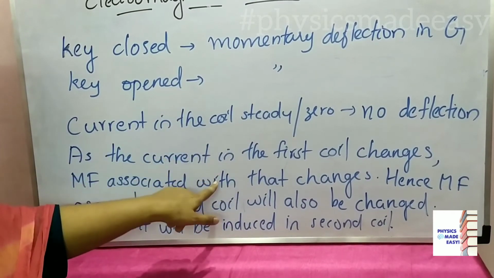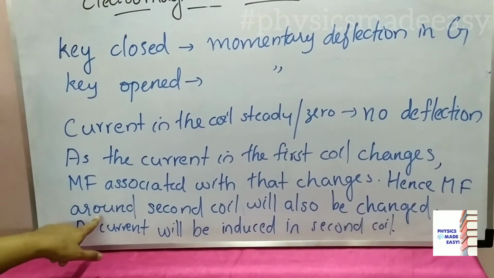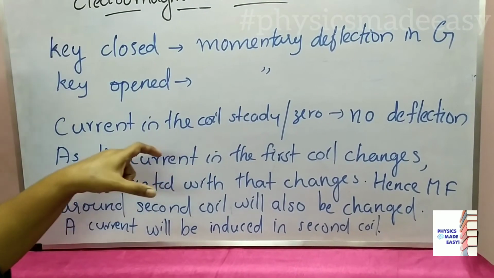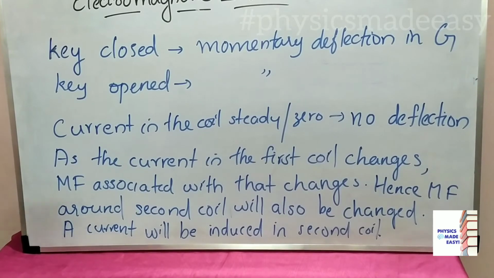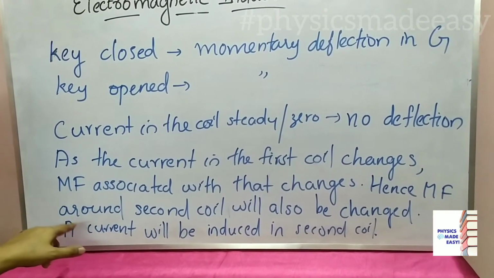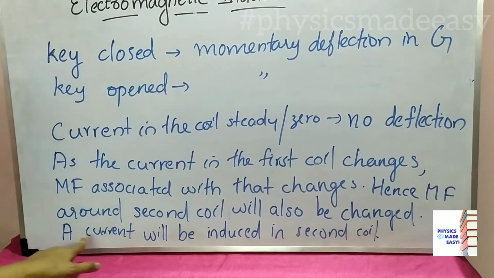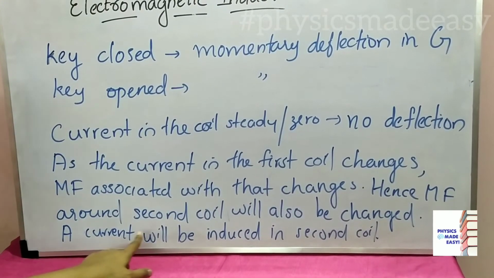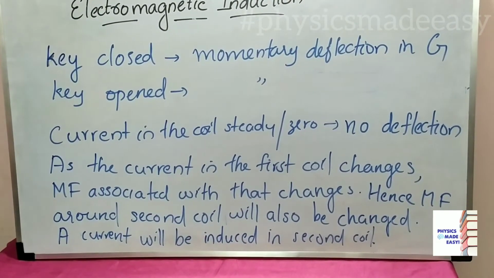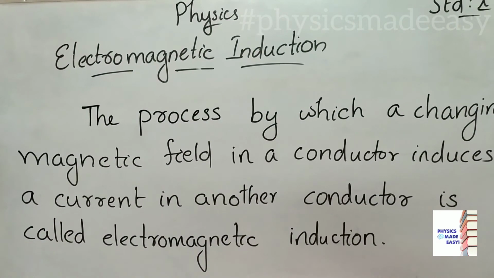With the first coil changing, the magnetic field associated with the second coil will also be changed. Due to that change in magnetic field associated with the second coil, a potential difference will be induced in the second coil, and due to that there will be a current induced in that secondary coil. So, what is electromagnetic induction?